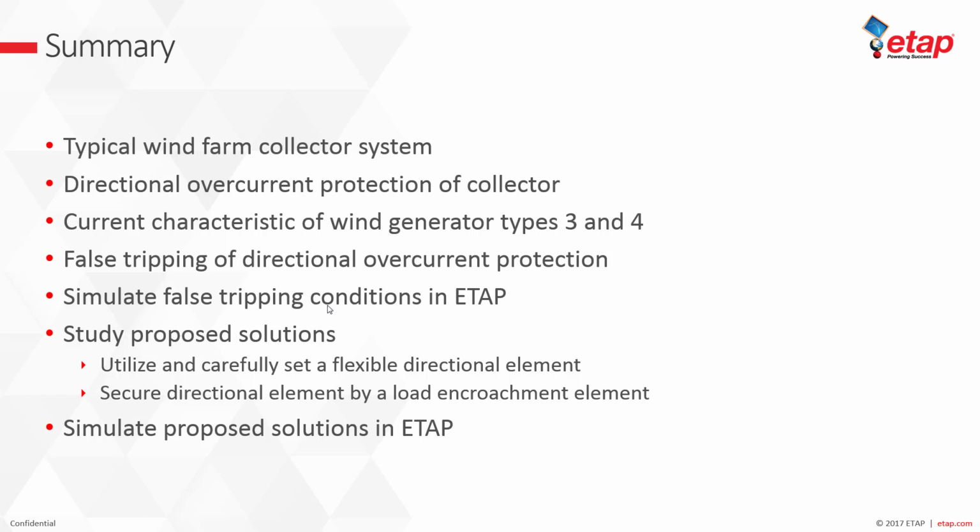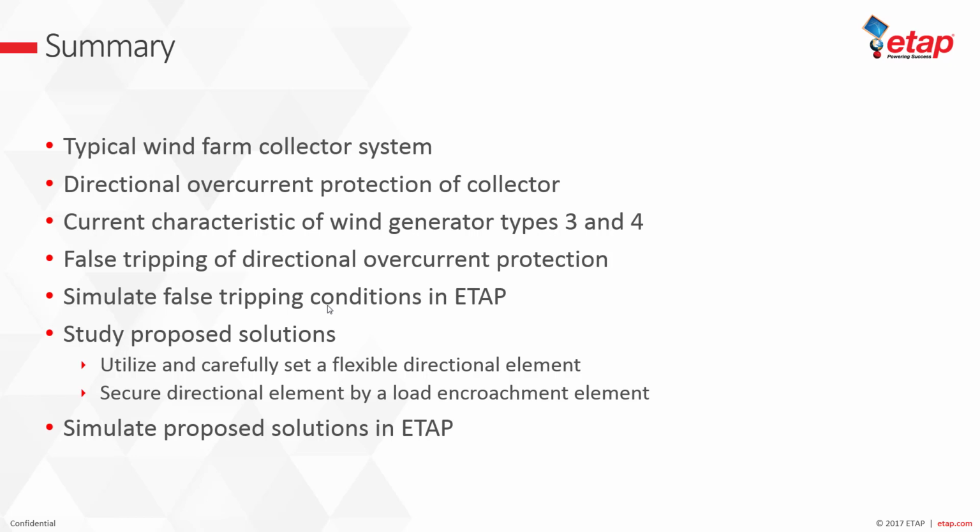We simulated this for both very well-known overcurrent protections, like from ABB and SEL. We looked at the two proposed solutions presented in literature in the most recent conferences. One of them is to contract the characteristic, especially reduce the maximum forward angle so that it falls close to 90 degrees, so we don't go into the second quadrant, and also we minimize the angle on the fourth quadrant, so basically we go about 0 to 90 degrees.